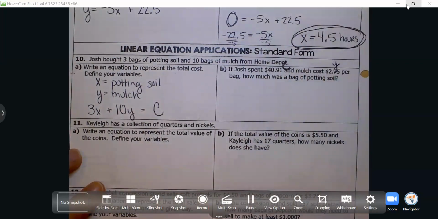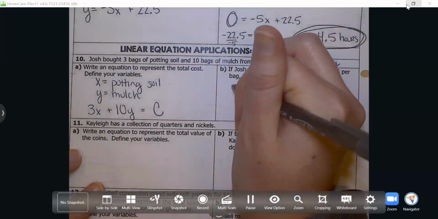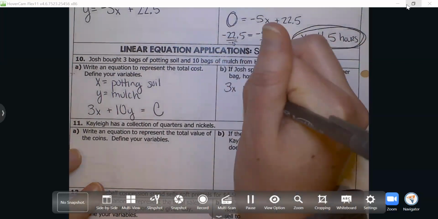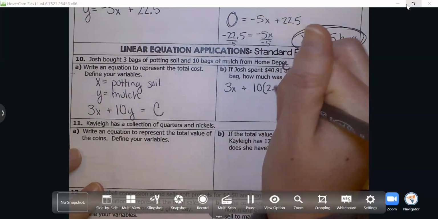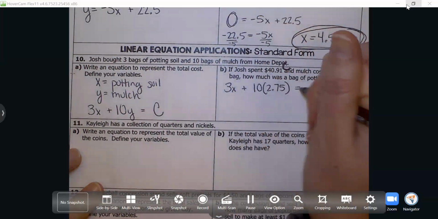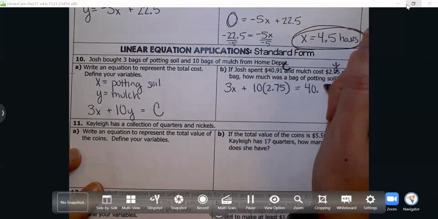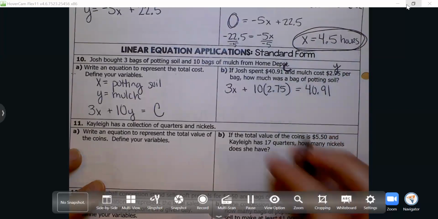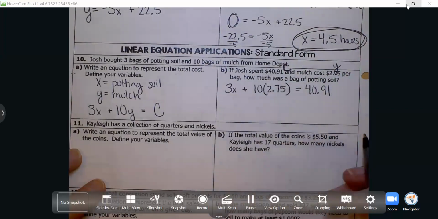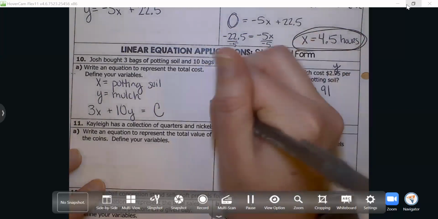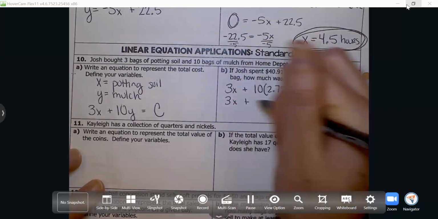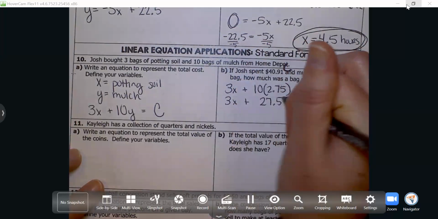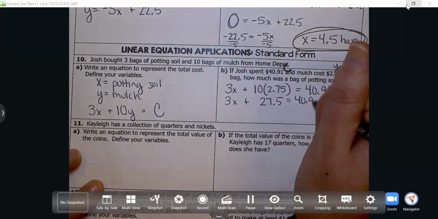And I'm going to solve from there. So 3x plus 10 times 2.75 equals 40.91. And I'll solve. Let's simplify this. This is 3x plus 27.5 equals 40.91.